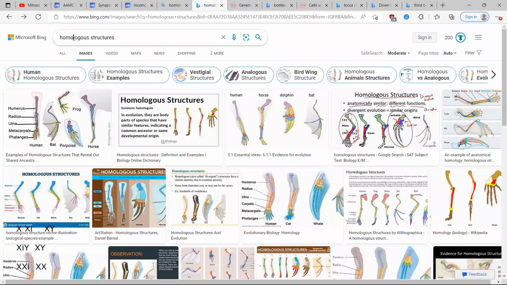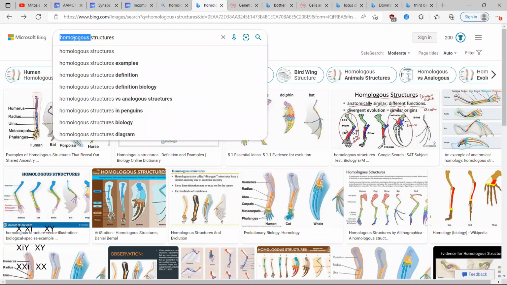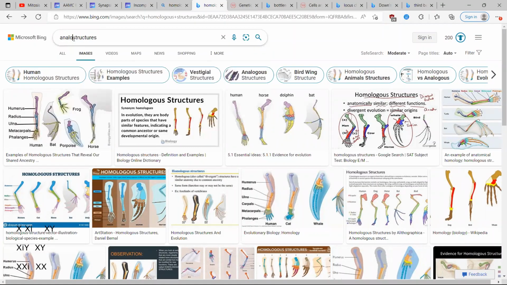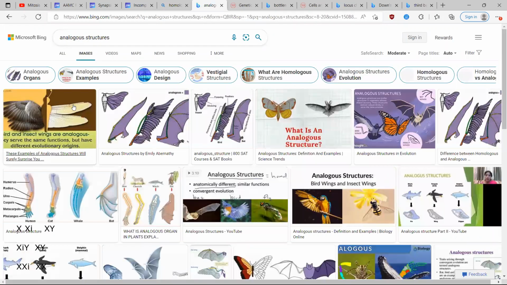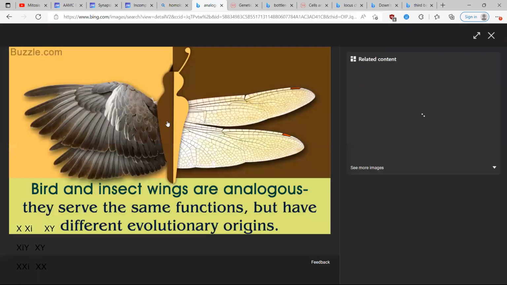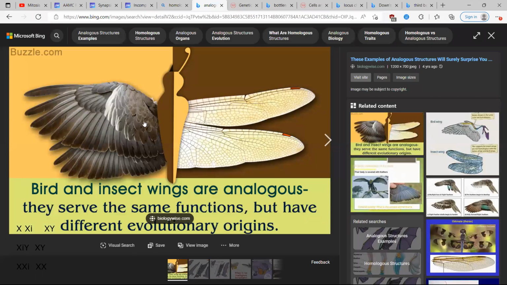Now, the opposite would be an analogous structure, which is not conserved. Like this. A bird wing and an insect wing are completely different structurally, but serve the same function, right? So what does this tell us?